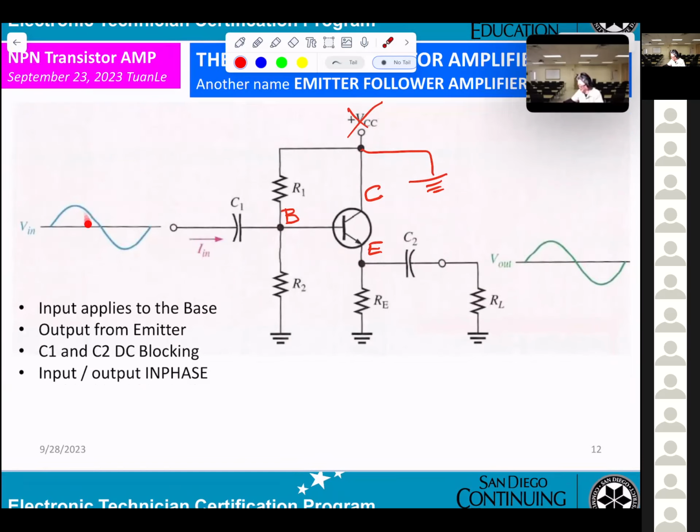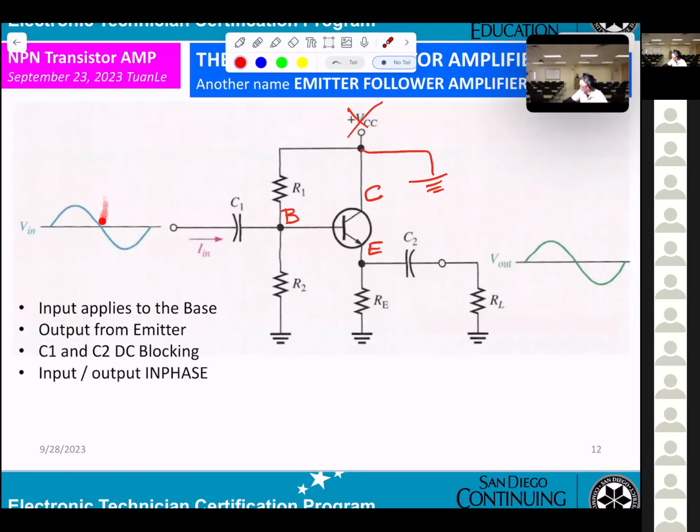And the input and the output are in phase, both going up or both going down. For the CC amplifier, basically the gain is around 1. That means input and output will be the same.